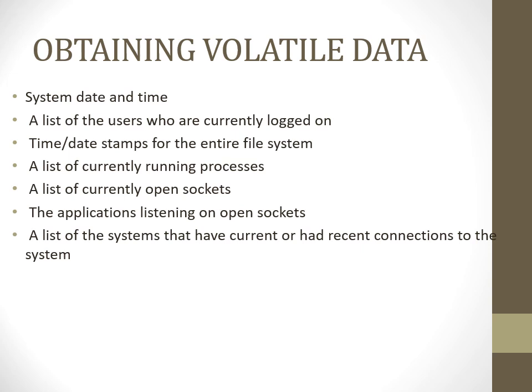There are things such as date and timestamps, last modified date, date last accessed. All these things are the data that emanates from the time or date stamps for the entire file system. So we're basically saying we also need the metadata of a particular file when we are obtaining volatile data.